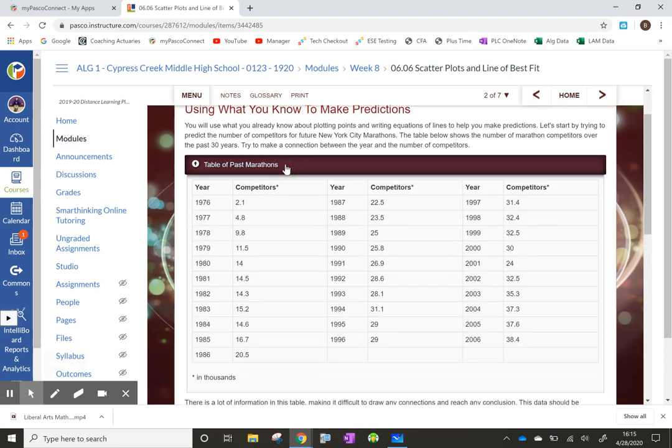So for the New York City Marathon, here are the past, I think, 30 years, it says, right? So in 1976, there were 2.1 thousand competitors. Keep in mind that all the numbers are in the thousands, right? And you can see year by year, 4.8 thousand, 9.8 thousand, 11.5 thousand, and so on. And as these numbers go up, 2006, all the way up to 38.4 thousand, right?